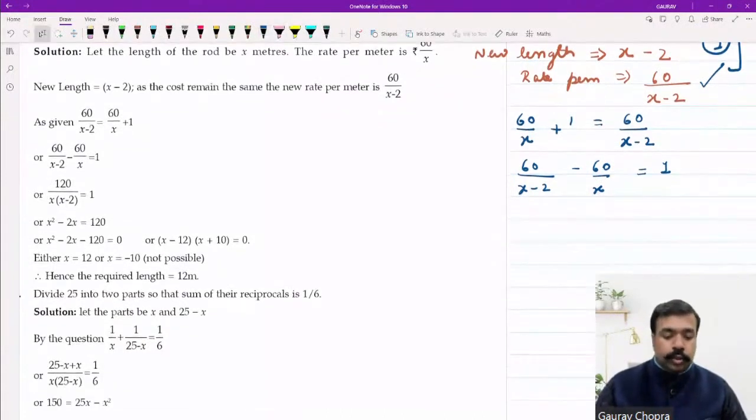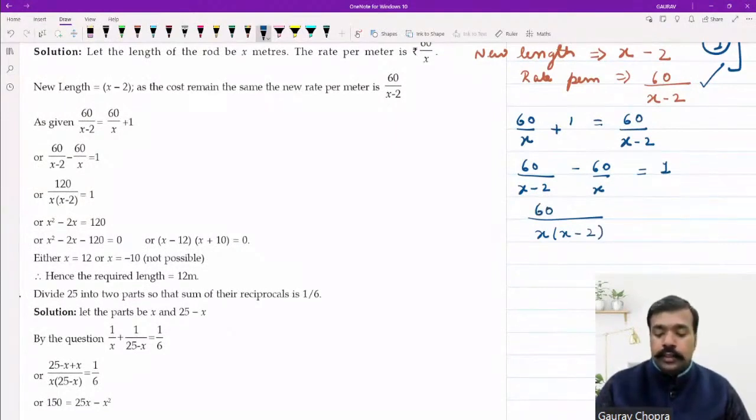So we can take the LCM as x multiplied by x minus 2. So it will come as 60 multiplied by x minus 2 equal to 1.